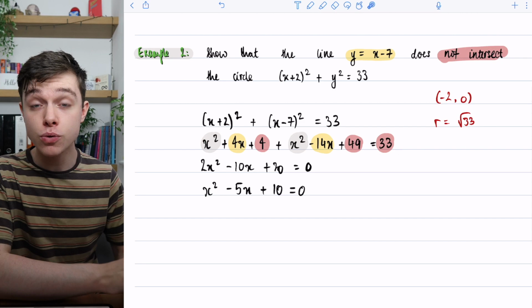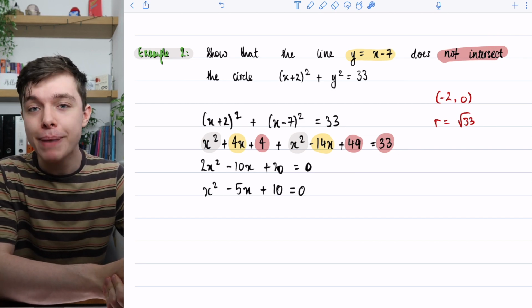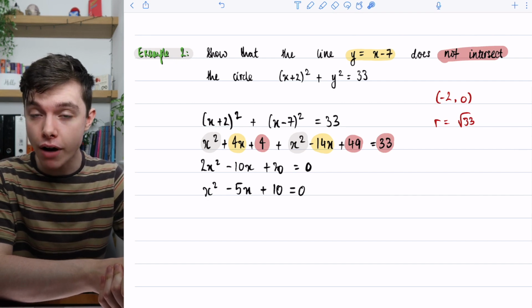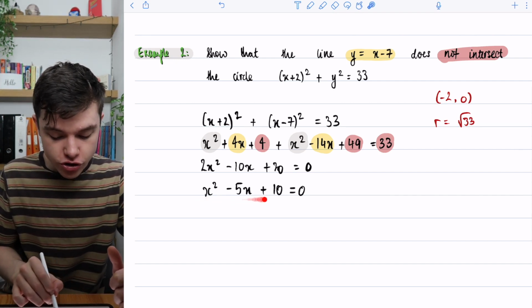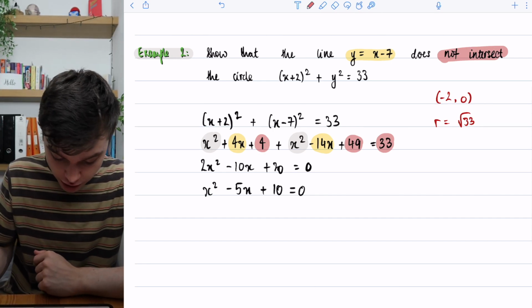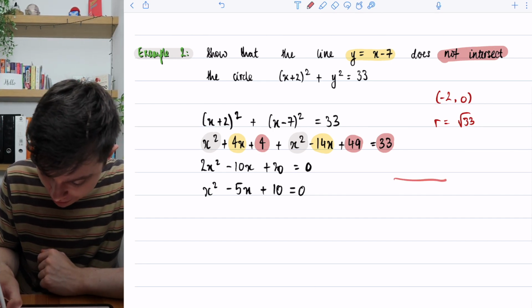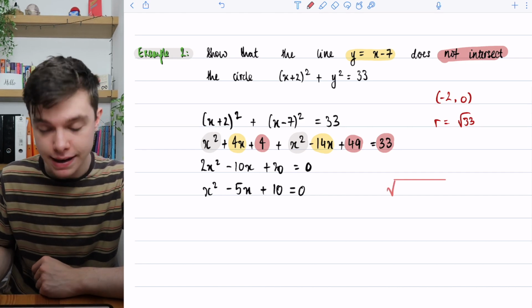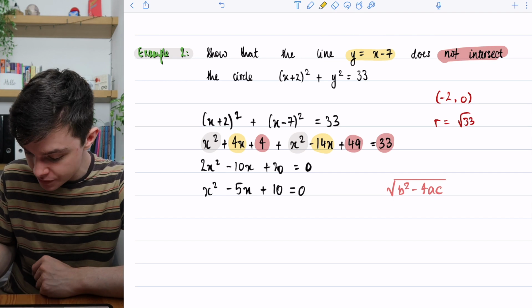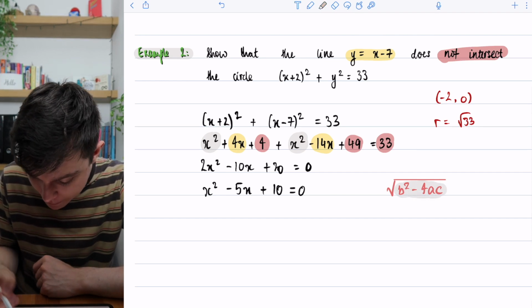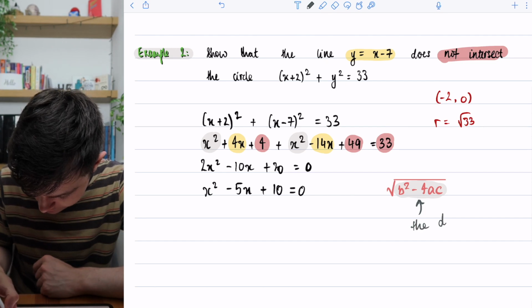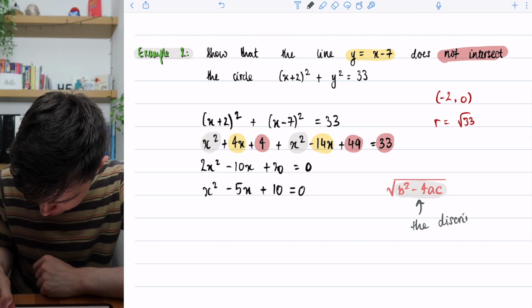So think back to quite a few lessons ago, think about the discriminant. The discriminant will be less than 0 if there are no solutions to this quadratic. The discriminant, if you cannot remember, is the part under the square root of the quadratic formula. The discriminant is this part here, b squared minus 4ac.